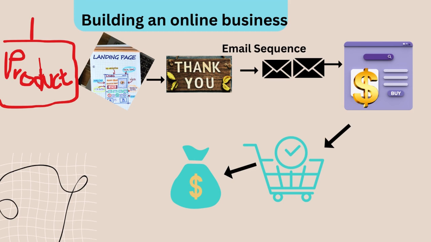So if, for example, it's a download that you've attached, the first email will be saying thank you for downloading the ebook, for example, and then also indicating within that email, put in your social media handles saying like, hi, let's be friends.